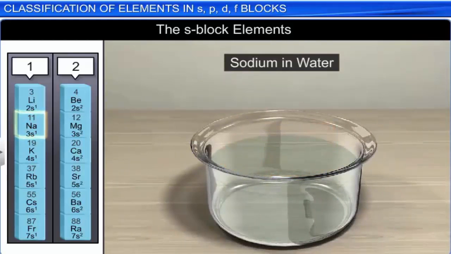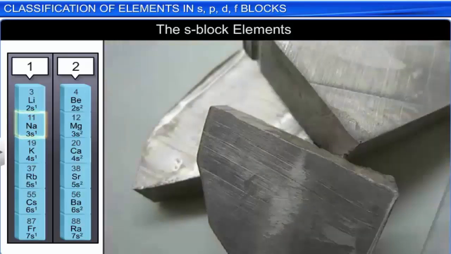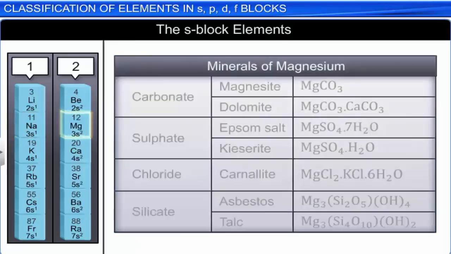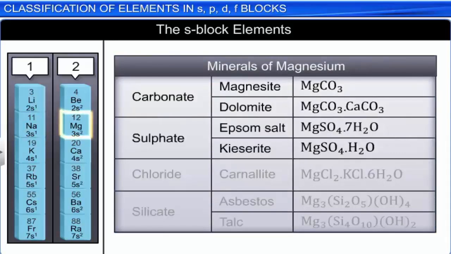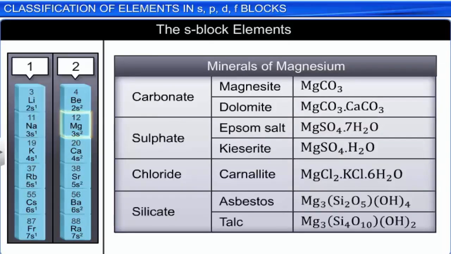They always occur in combined form in nature. For example, magnesium occurs in the combined state as carbonates, sulfates, chlorides, and silicates, but never as pure magnesium. The metallic character and chemical reactivity of S block elements increases as we go down the group.